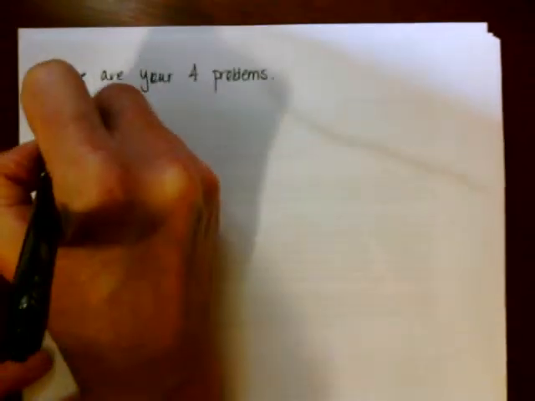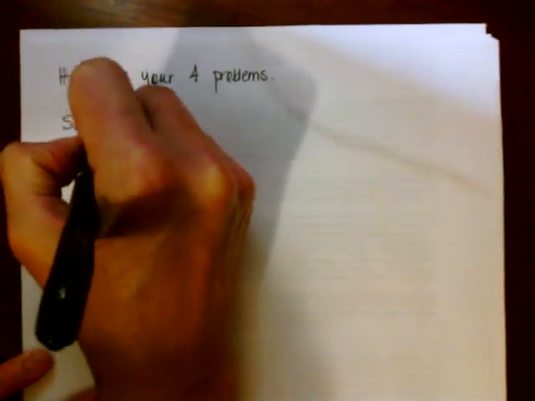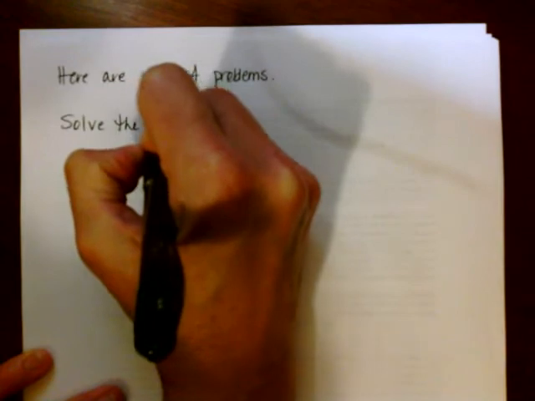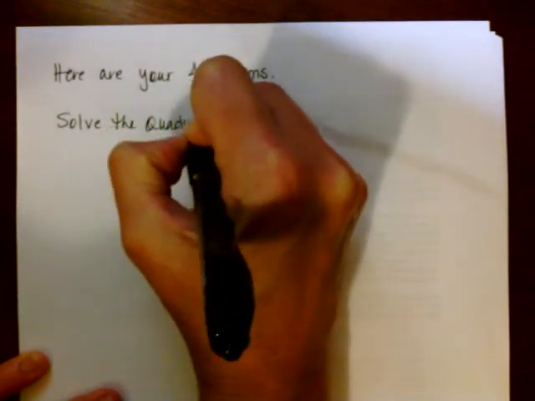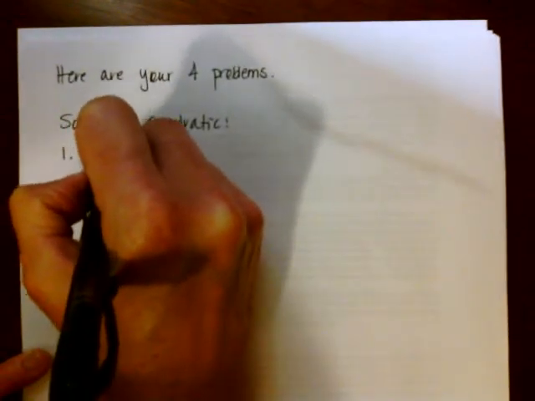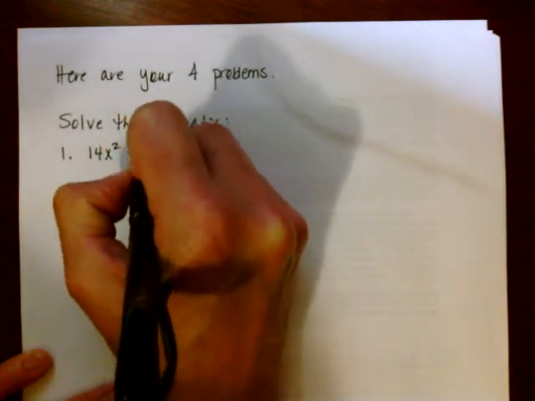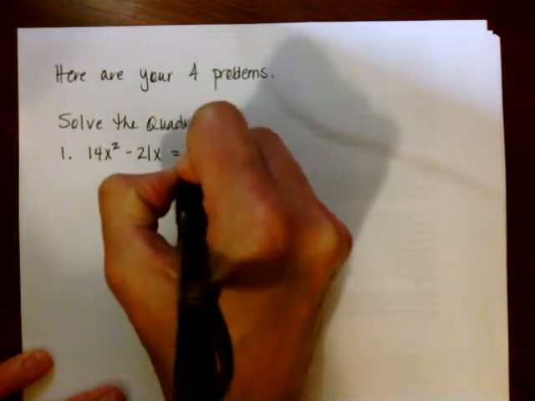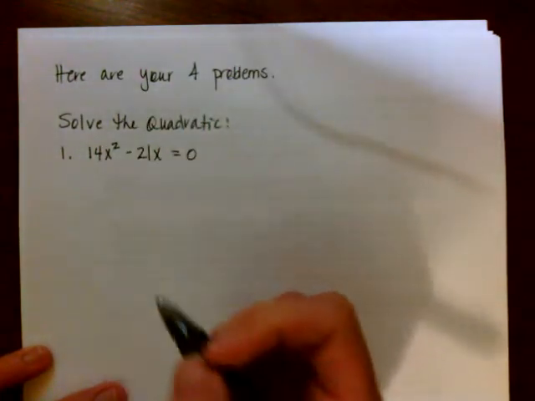Alrighty, the first set says to solve the quadratic. Number 1 is 14x squared minus 21x is equal to 0. This one's a little bit unique.